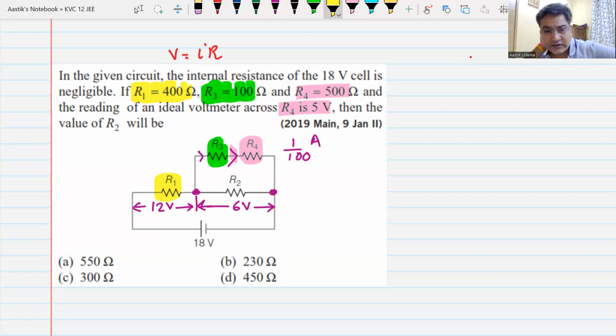So from there, what can I calculate? I can calculate the current in R1.